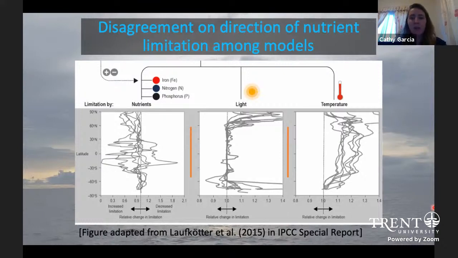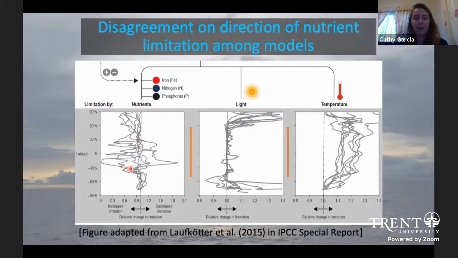One of the main things to take away is that in the left panel with nutrients, there's quite some disagreement in this low latitude region. I'm highlighting in orange here where a couple of the ensembles with this positive would mean decreased limitation on net primary production versus increased limitation on net primary production. So there's some disagreement here, even though overall they tend to average out towards decreased nutrients limiting net primary production.